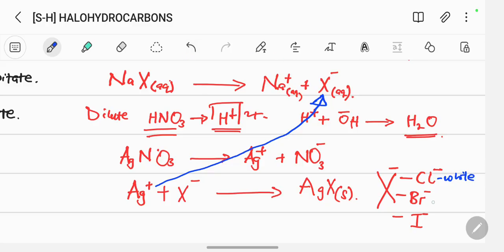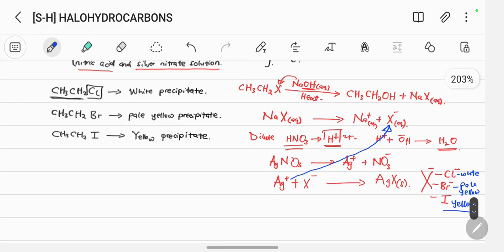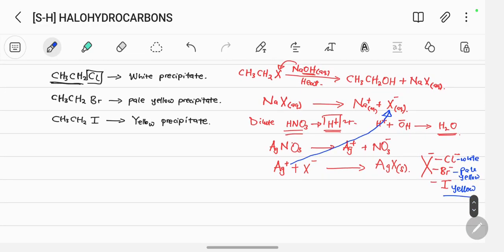So this one white, this one pale yellow, and this one yellow, like that. So that one is the chemistry behind that.